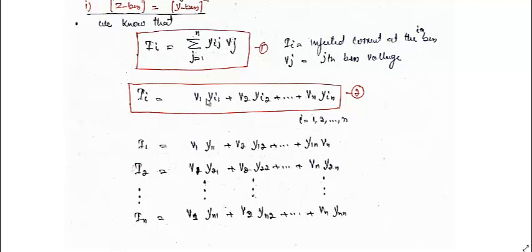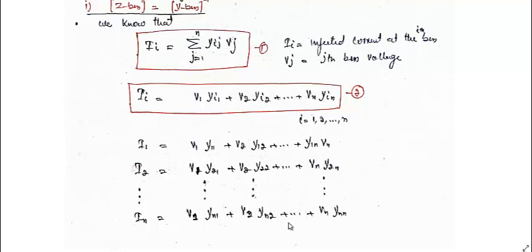Expanding this, we get Ii is equal to V1 Yi1 plus V2 Yi2 plus this up to Vn Yin. Now, giving i different values, here i will be equal to 1, 2, up to n for an n bus system. When i is equal to 1, the equation becomes this. When i is equal to 2, the equation becomes this. When i is equal to n, the equation becomes this one.